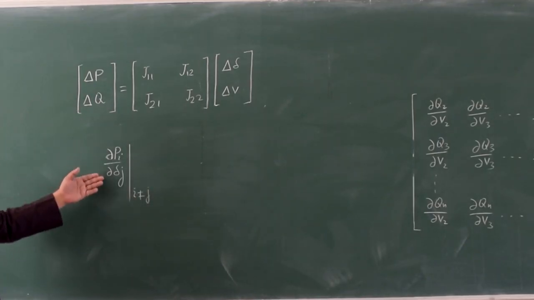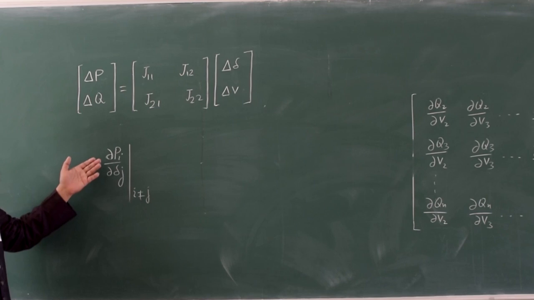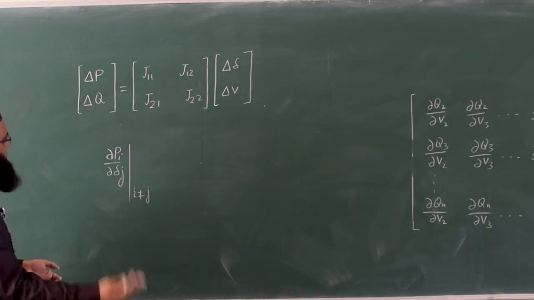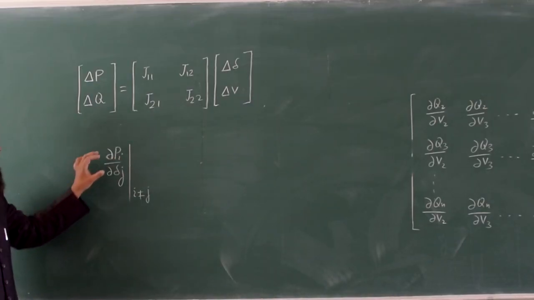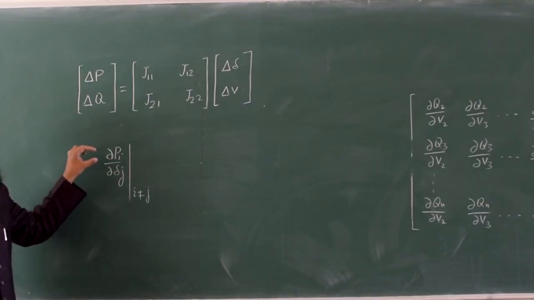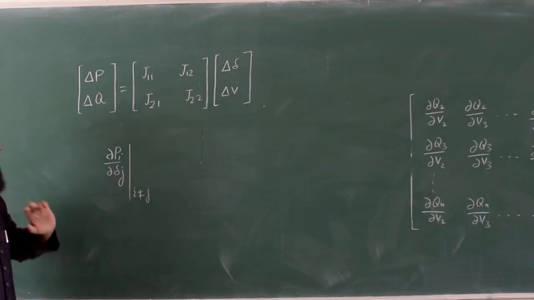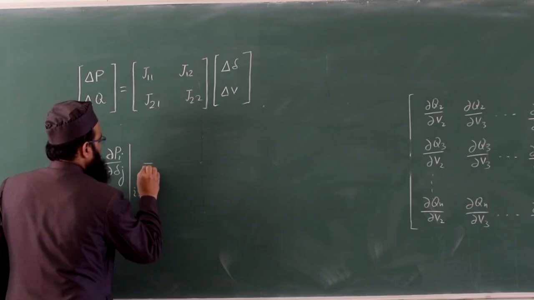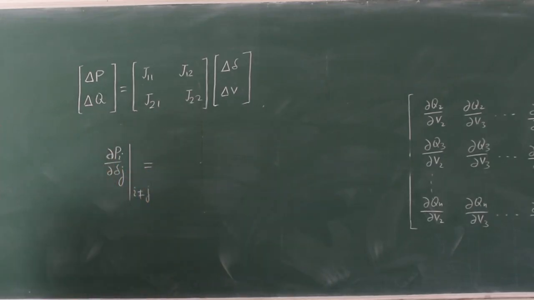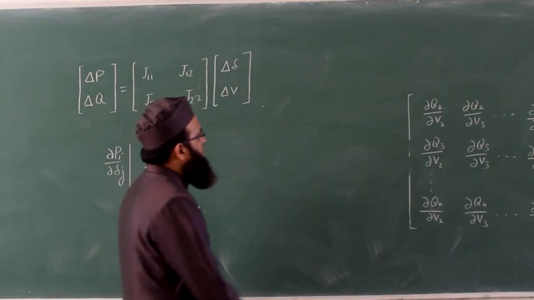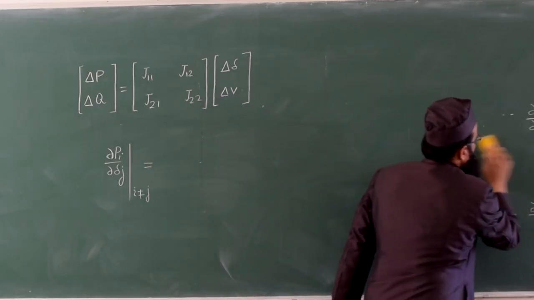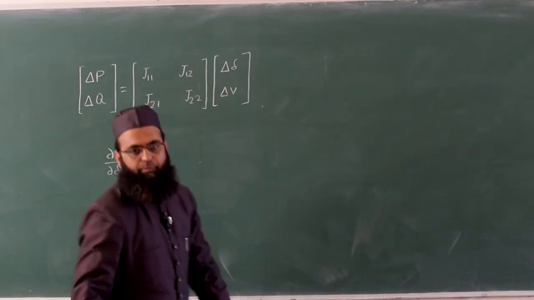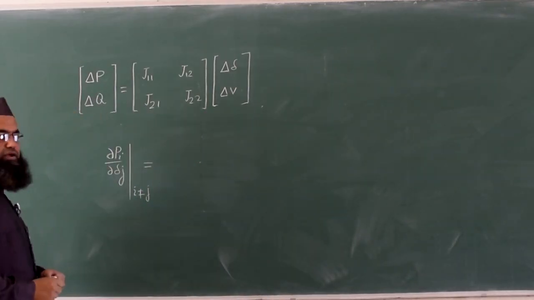Suppose del P2 del delta 3 or del P7 del delta 9. Later we will consider when these two are the same, that is del P2 upon del delta 2 or del P5 upon del delta 5 separately. So, first we will try to simplify the calculations corresponding to these elements. Again recall the relation we denoted by equation A to calculate the active power flow into the ith bus.